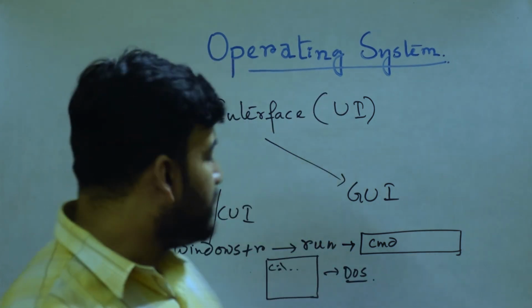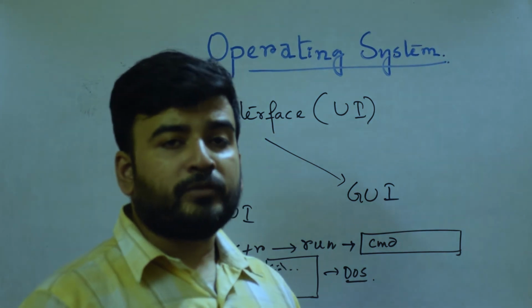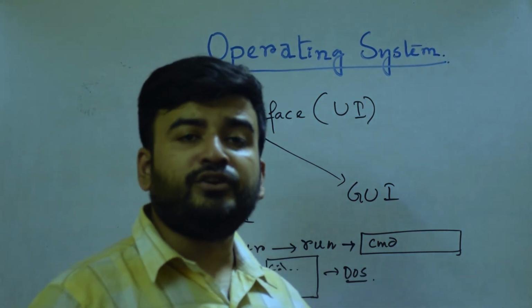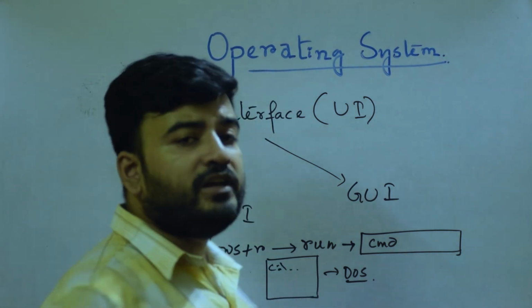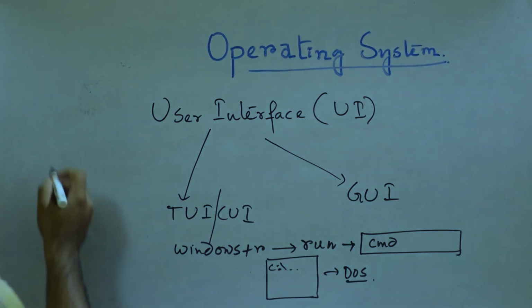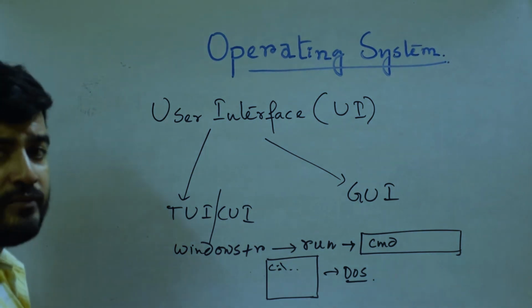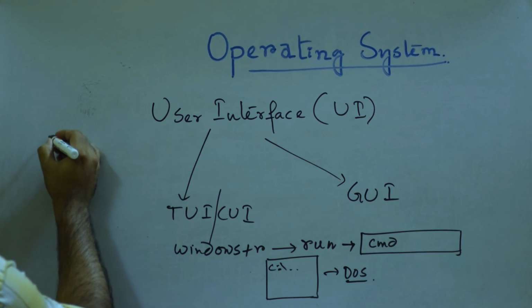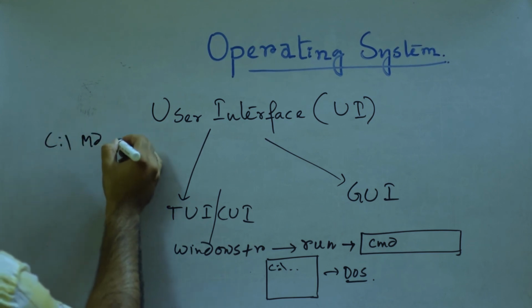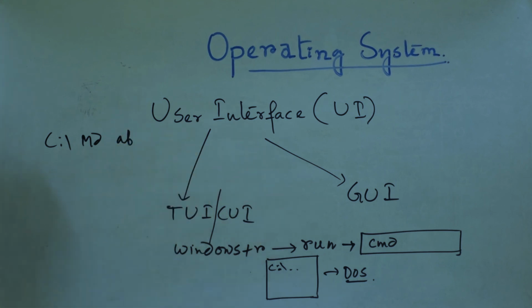That means these are not user friendly UIs, right? Suppose you need to open My Computer, or create some folder, each and every time you need to write some command. Suppose I am giving you one example where you need to create a folder. At that time you need to write C:/MD, suppose AB, that is the folder name.